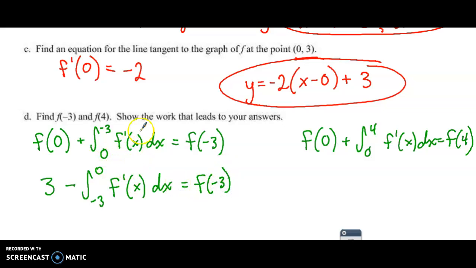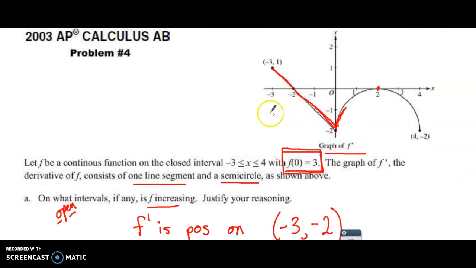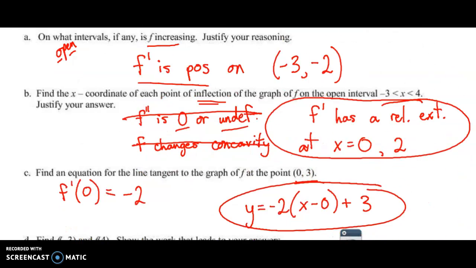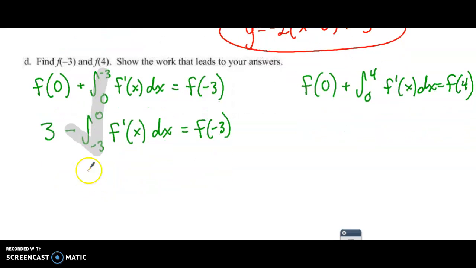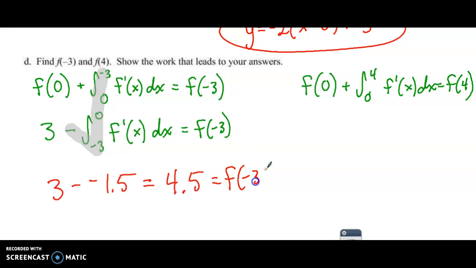And this follows directly, let me just highlight, this follows directly from our notes in this section. So then from there I can just look at that and say, oh, well, this area will negate this area. So the area I'm looking at is -1.5. So we're looking at 3 minus -1.5, which equals 4.5, is my answer for f of -3.